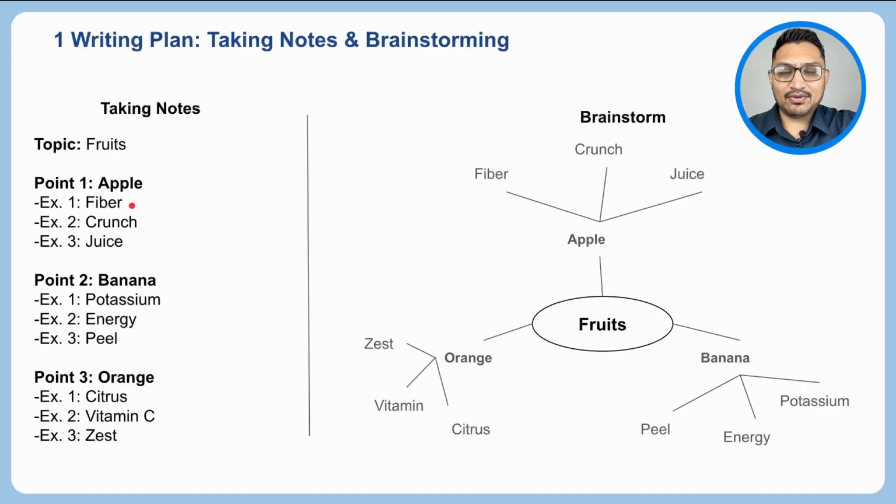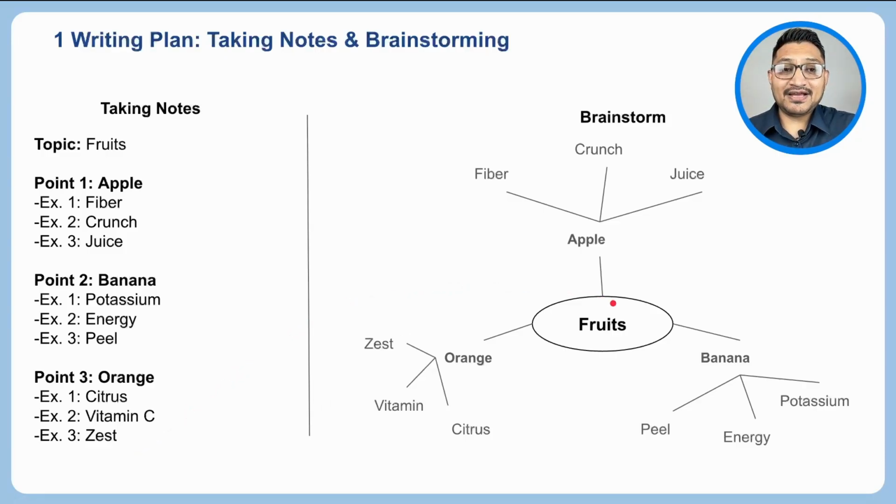In the case of apple, we have fiber, crunch, and juice. In the case of banana, we have potassium, energy, and peel. And in the case of orange, we have citrus, vitamin Z, and zest. Note that I'm not writing sentences or full sentences. No, I'm just using key words.